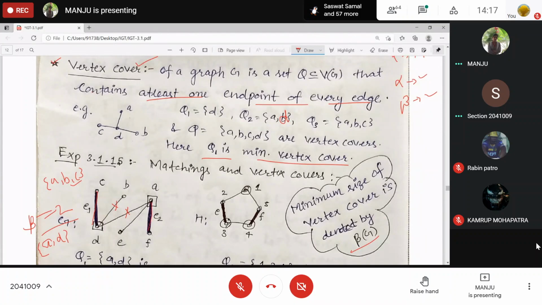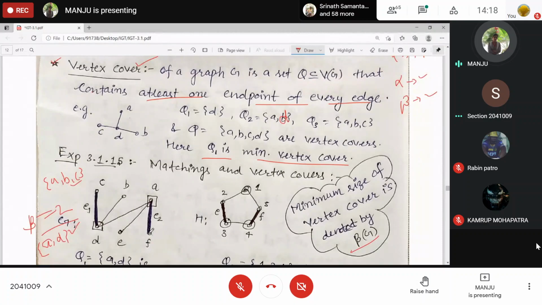You can take these two, E1, E2, or E1 with this edge, or this edge with E2. But the maximum cardinality is what? 2. Clear?